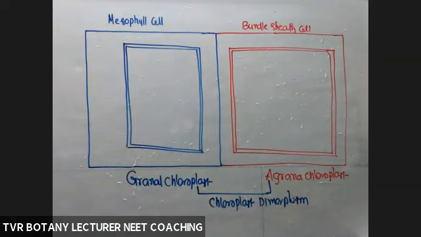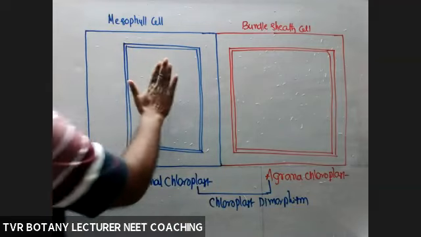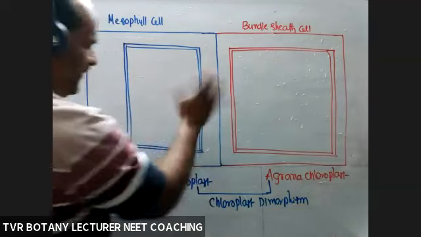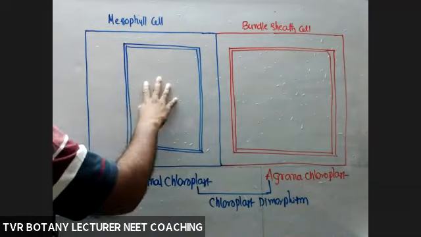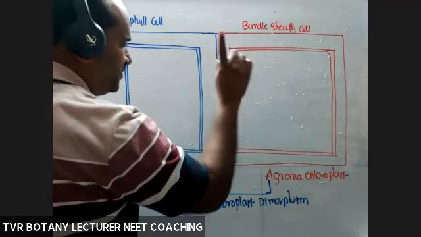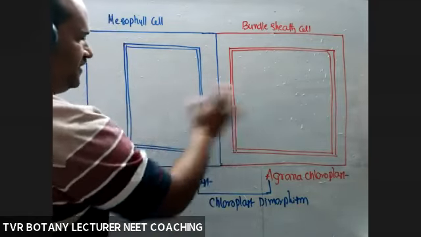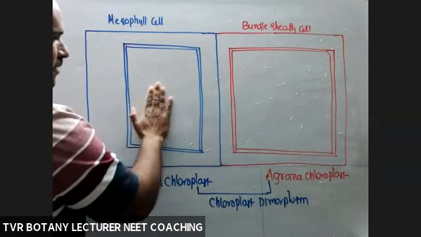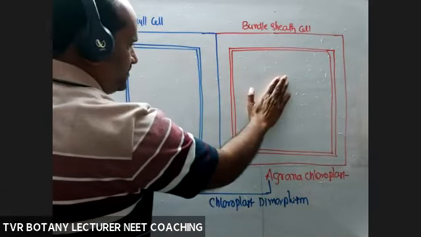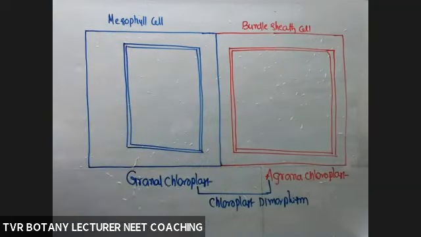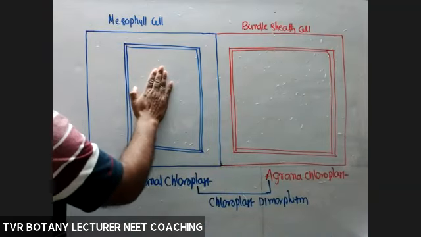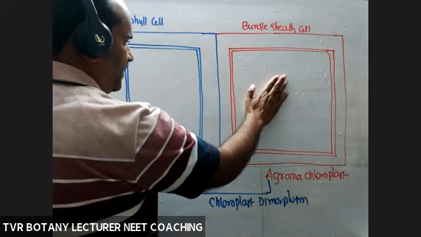In the case of C3 plants, only granal chloroplast. But here, granal and agranal. The difference is that here all are present, and there, all are present except granum thylakoids. Here only granum is absent, remaining all are present. With both cyclic and non-cyclic, this one is with the cyclic electron transport system only.